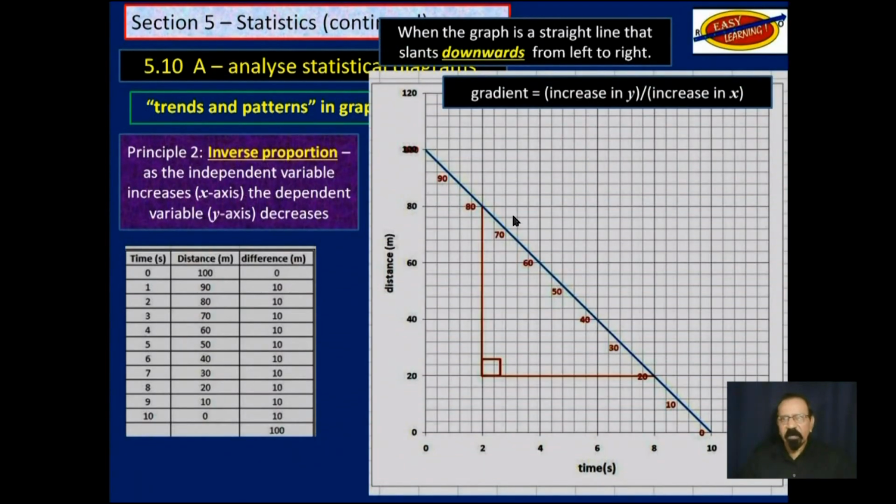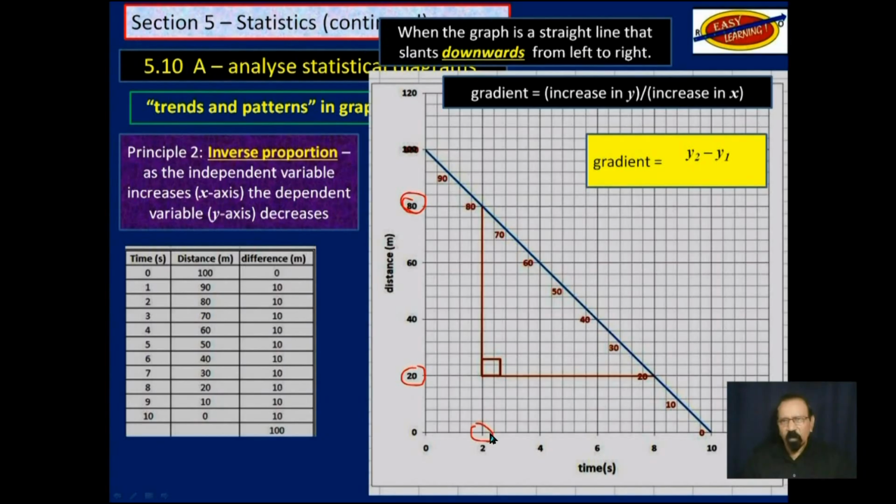So let's find a gradient here. Notice this time y begins at 80 and ends at 20, and x begins at 2 and ends at 8. The increase in y, notice I am saying increase in y, is 20 minus 80, and you get negative 60 meters.